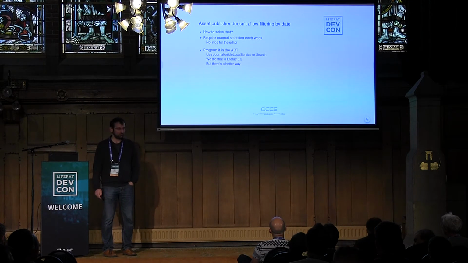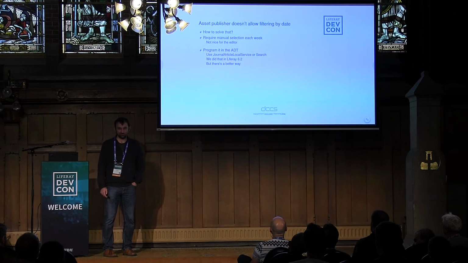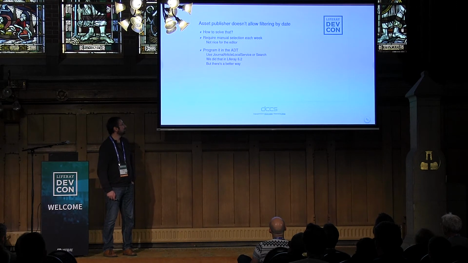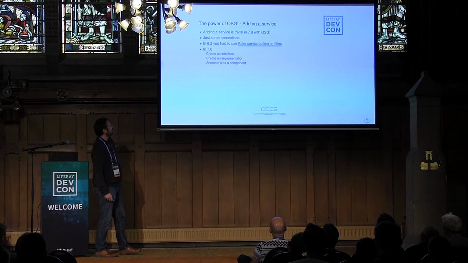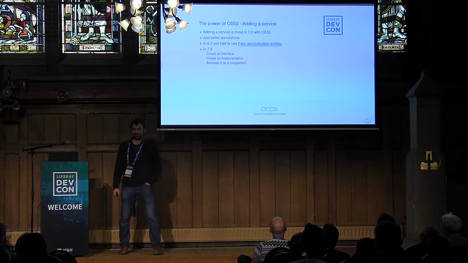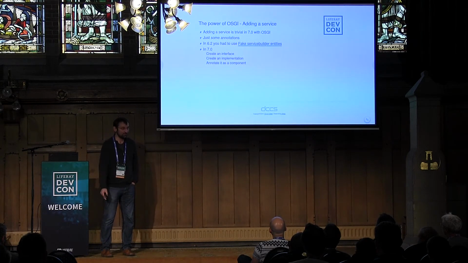In 6.2, we coded everything in the ADT. So it's really a long ADT with a lot of code in it, and it does everything. In 7.2, we don't need to do that anymore, because in 7.0 you can use OSGi. You can easily add your own service and call that service from the ADT.